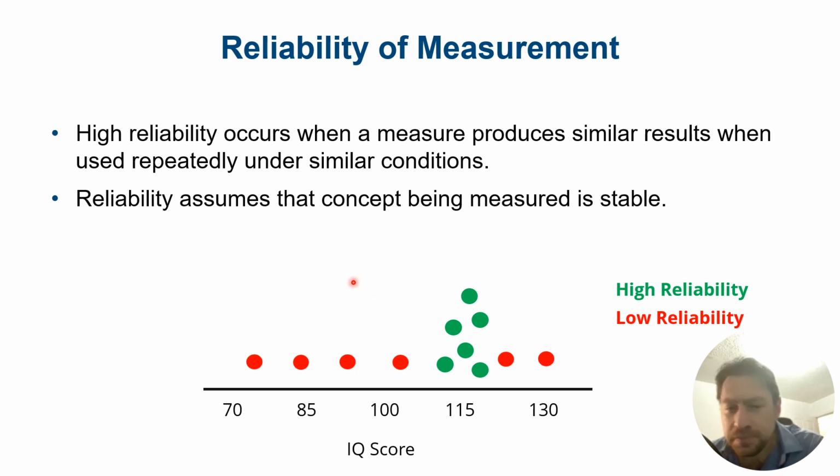So again, reliability is the consistency of the outcome of your measure or test over time. And something which produces similar results over different testing periods, different tests, is highly reliable, and something that is all over the place would have low reliability.